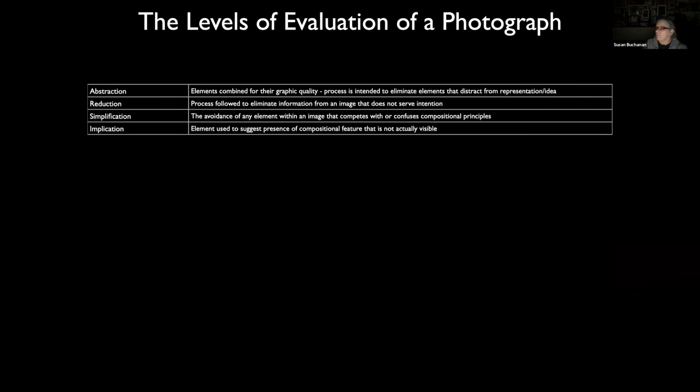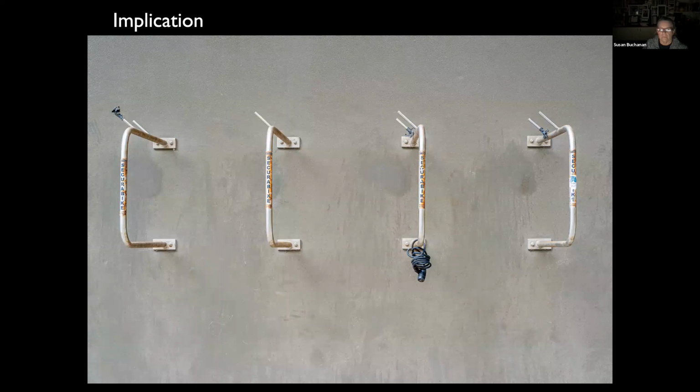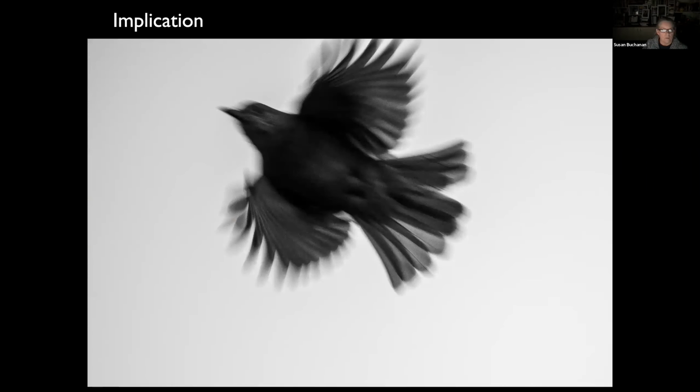Implication. Element used to suggest presence of compositional feature that's not actually there. Very simple image, very straightforward, but it raises the question for me, where's the bike? Or this one, what do you see?